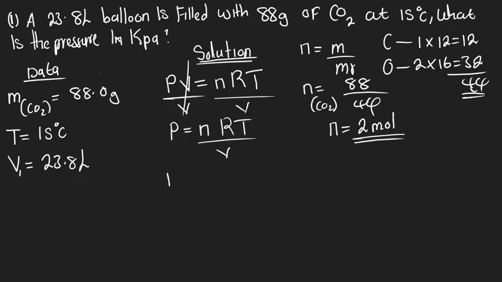Then you say pressure is going to equal to, since we're using liters, which constant are we going to use? We are going to use 0.0821. Is it the one which is having liters or deciliters? It's the one which is having liters.